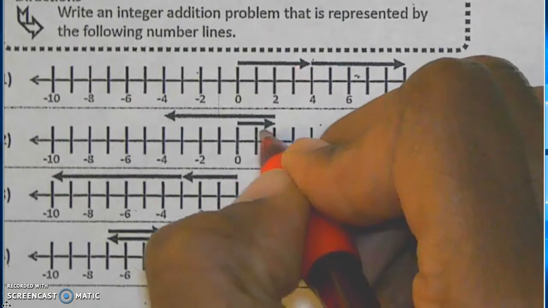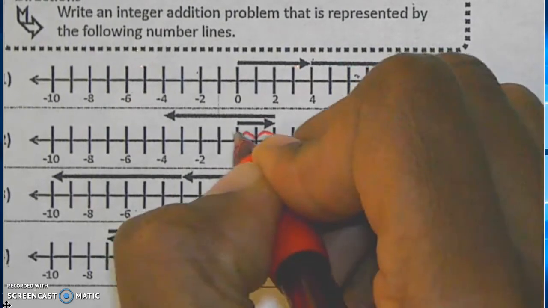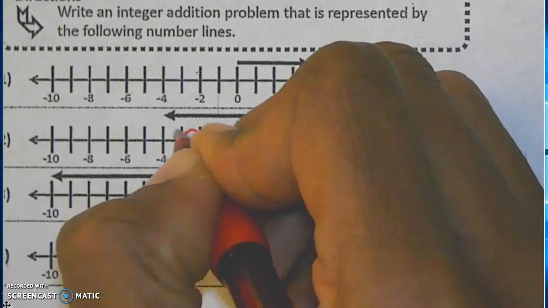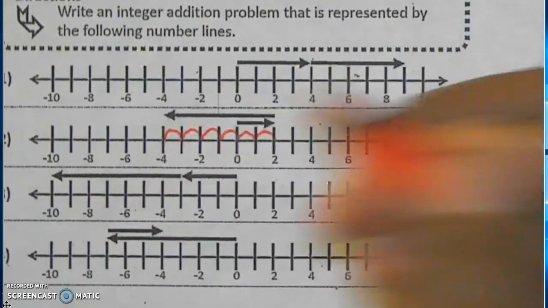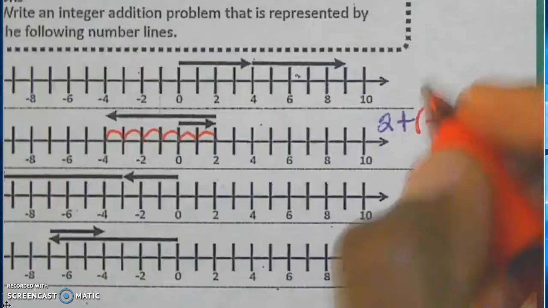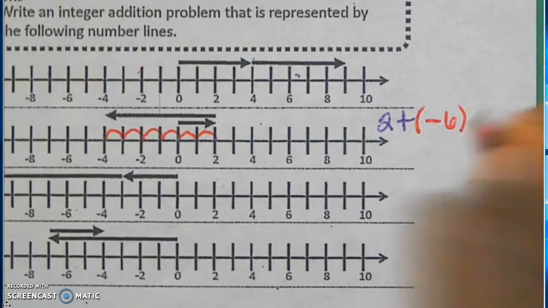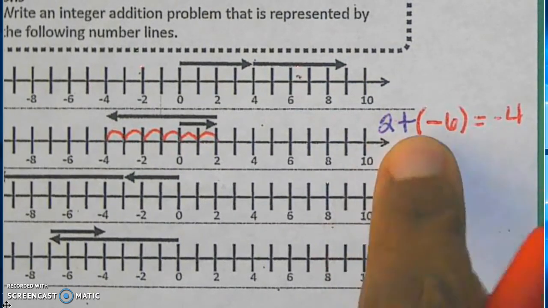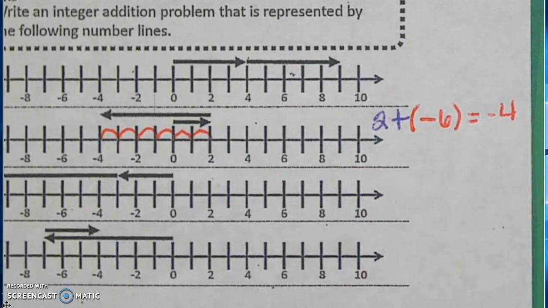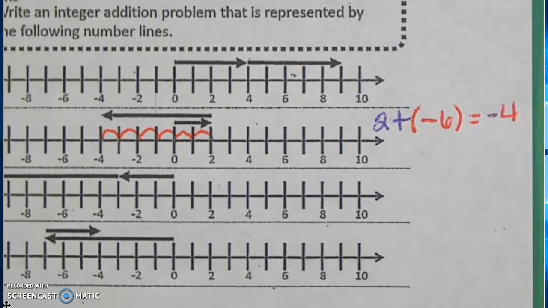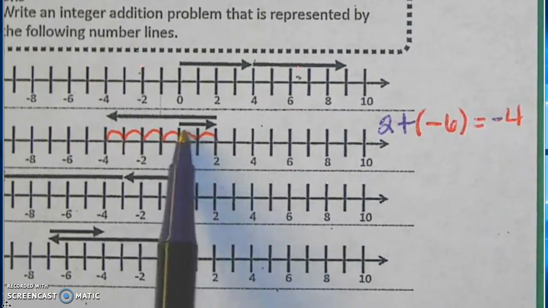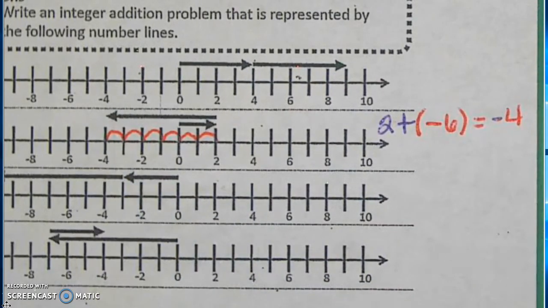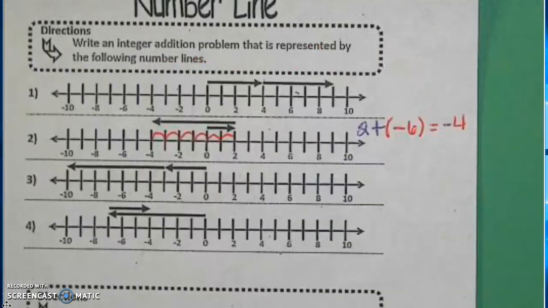And from 2, I had 1, 2, 3, 4, 5, 6 jumps because it ends on -4. So 2 plus a -6 would give me an answer of -4. Remember, when we have different signs, we subtract and take the sign of the larger number. So number 2 is +2 plus a -6 to give us a -4.